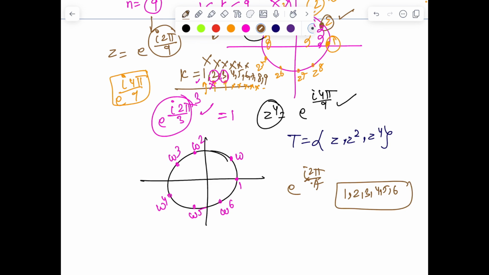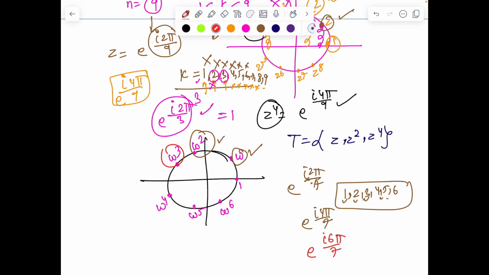So you check, it should not be the 1st, 2nd, 3rd, 4th, 5th and 6th root of unity. So clearly this qualifies to be a primitive 7th root. What about omega square? If I take omega square, e to the power i 4 pi by 7, neither is power 1, 2, 3, 4, 5, 6 equal to 1. So clearly it qualifies to be a primitive root.